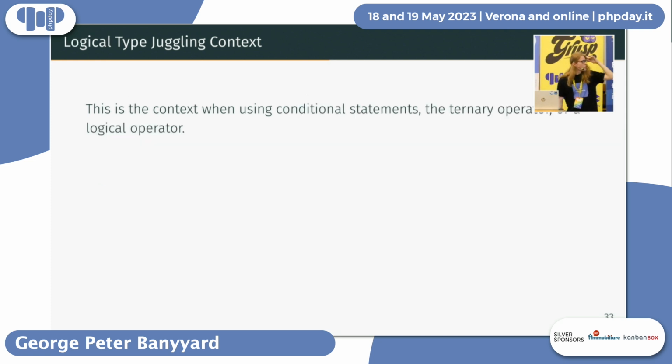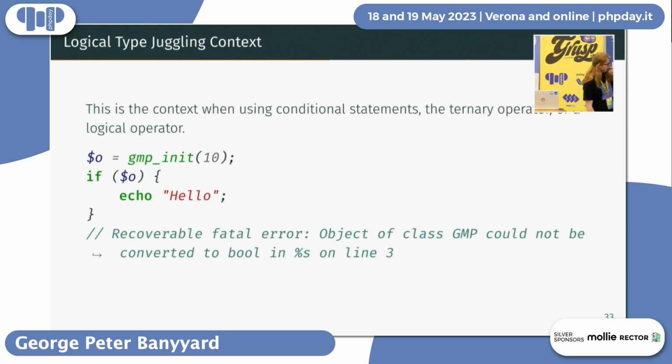Now, one which seems sensible and should never fail is the logical type juggling context, which is when you use conditional statements, the ternary operator, or any logical operator, which basically means I'm casting the value to a Boolean, which obviously is always valid, except that GMP doesn't implement a Boolean cast, so PHP is just like, I don't know what you're asking me to do, and I bail out, which is great.